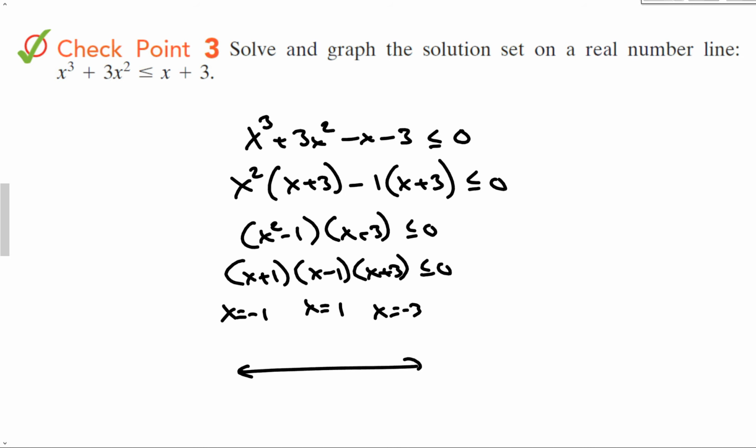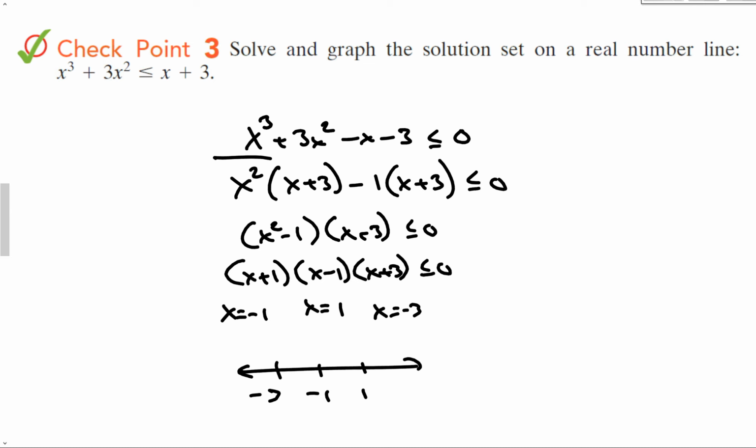Make a sign chart, and we have -3. Always put them in order, of course, because otherwise it's not a real number line anymore. I'm going to plug in 0. Actually, I don't even have to do that. I like to plug in 0 just to make sure, but I can just use the rules of polynomials and behavior to know that the leading coefficient is positive.